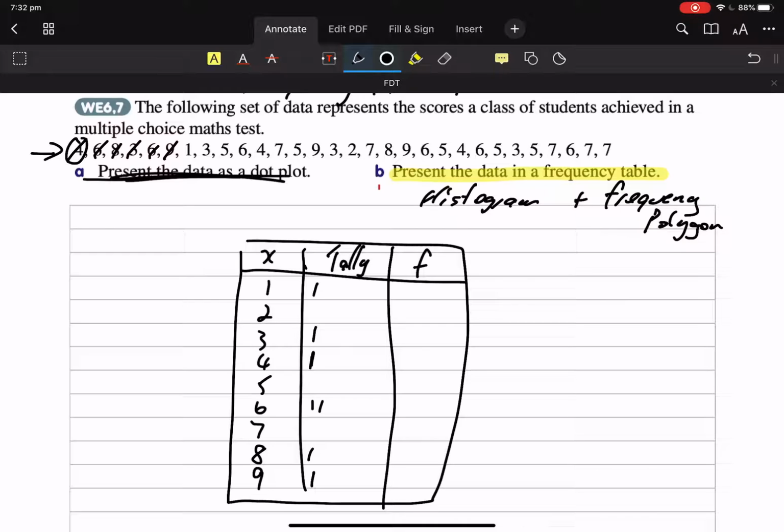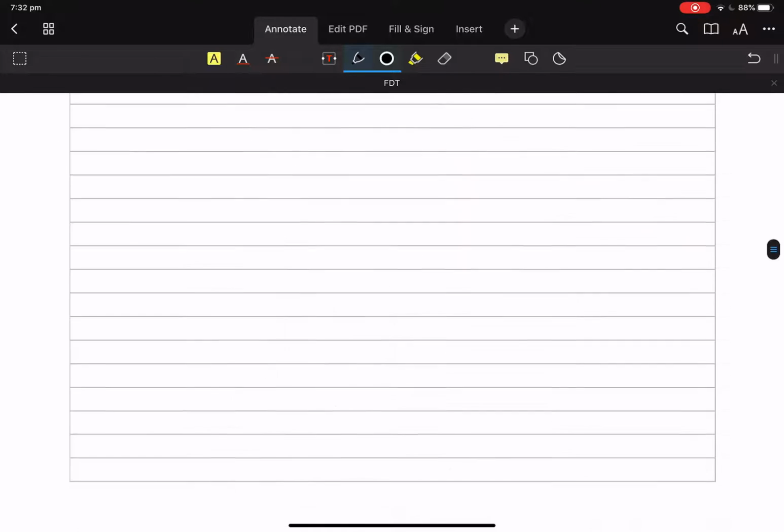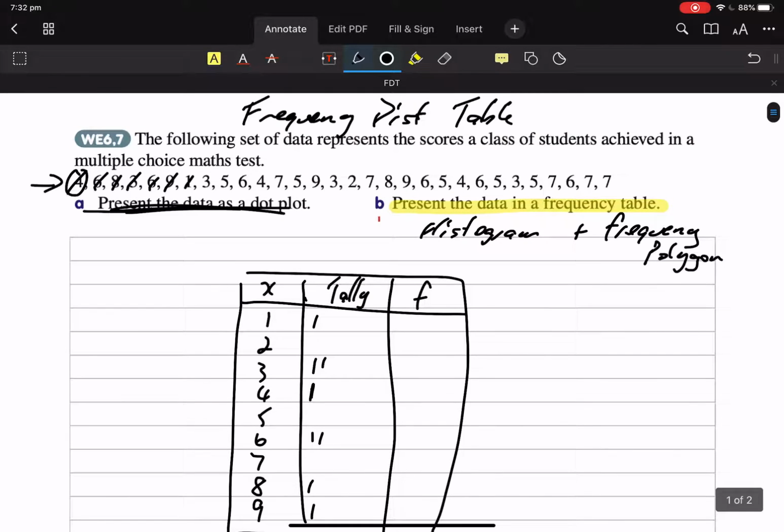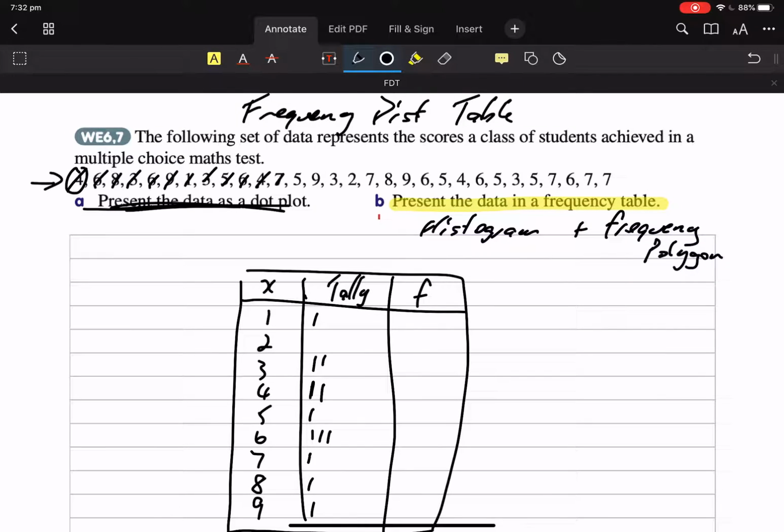Then we've got a 1, 3, oh my gosh. 5, 6, 4. Does that 4 work? It's a bit tedious, isn't it?